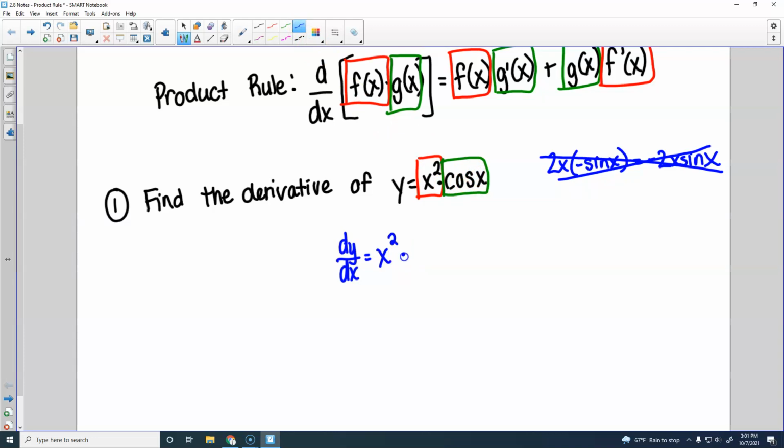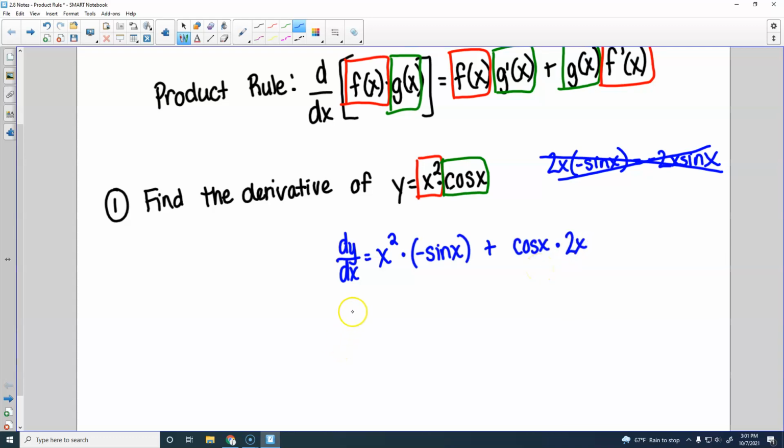So that is going to be negative sine x. We put a plus sign in between. Then we have to just write down g of x, cosine of x. And we multiply it by f prime of x, which is 2x.